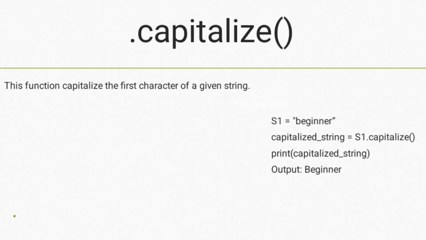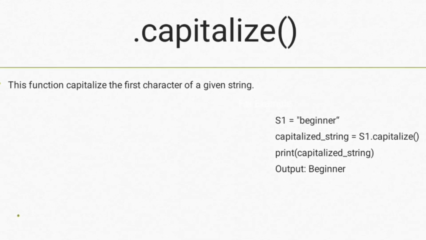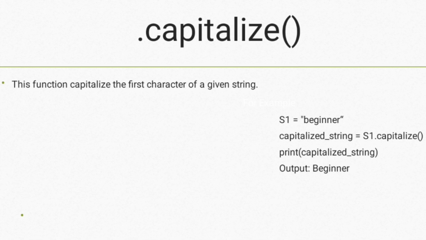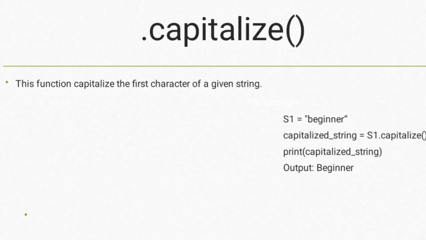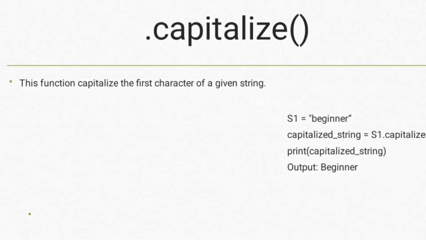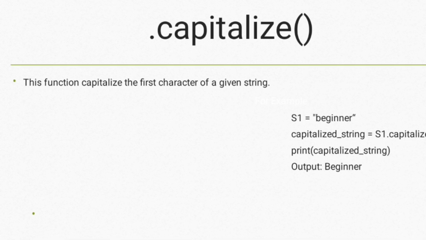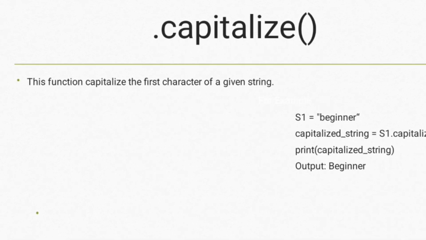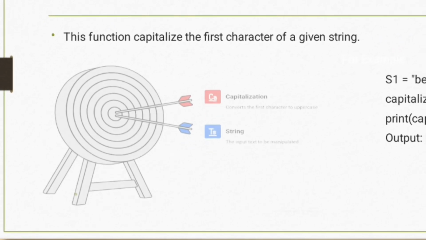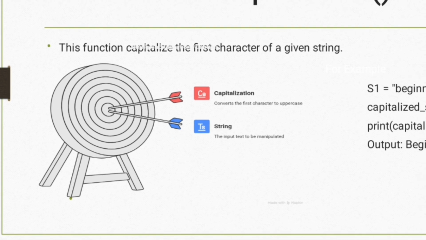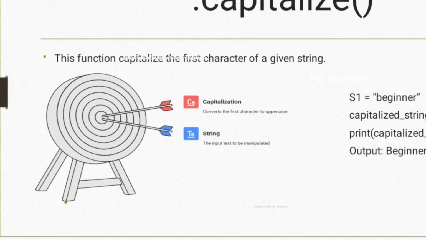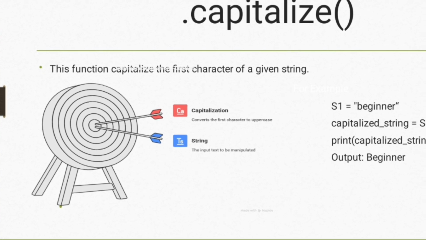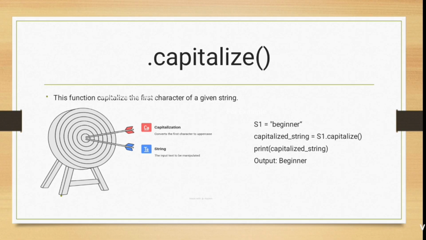In output we will get B in uppercase letter, because we performed the capitalize function here, and the capitalize function will convert the first character in your string into an uppercase letter. This is the visual representation of the capitalize function here. It will capitalize the first character into uppercase.